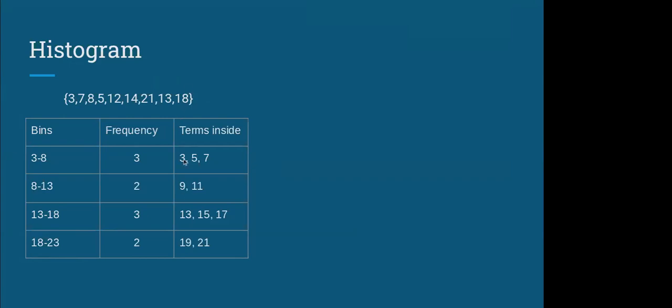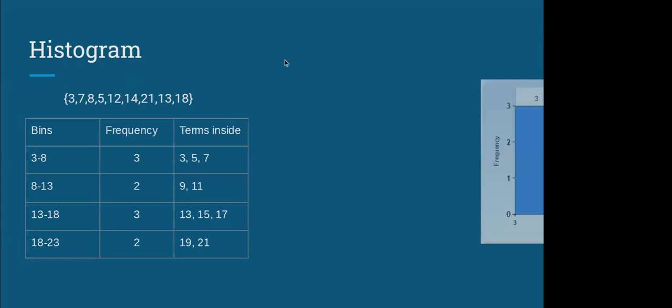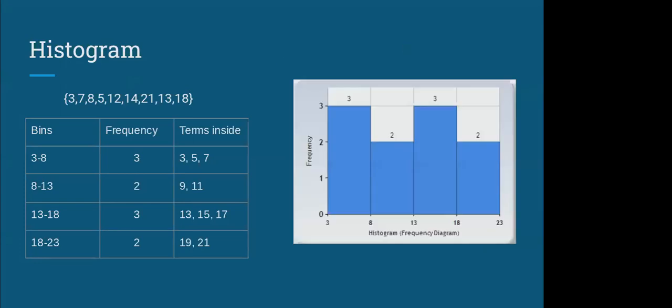When we look at what we put in the bins, in the first bin, and I'm going to help you all out on this slide, the bin is 3 to 8. Inside of it go the numbers 3, 5, and 7. And there is an error on here. Does anybody see the error? These numbers don't match.